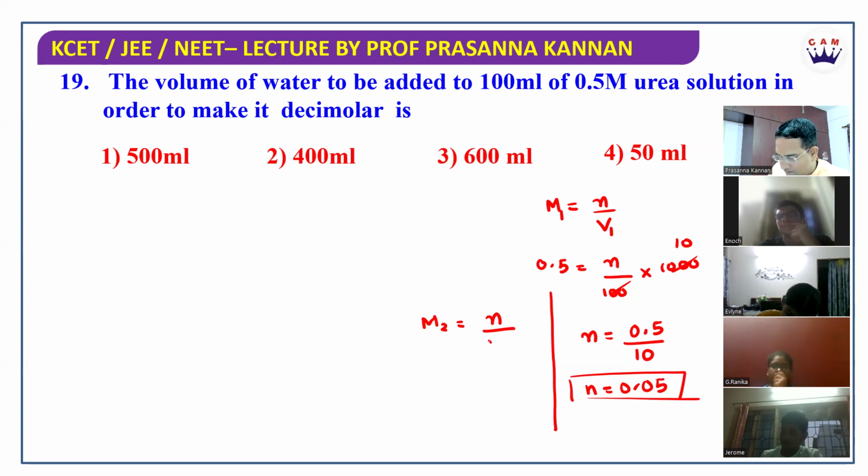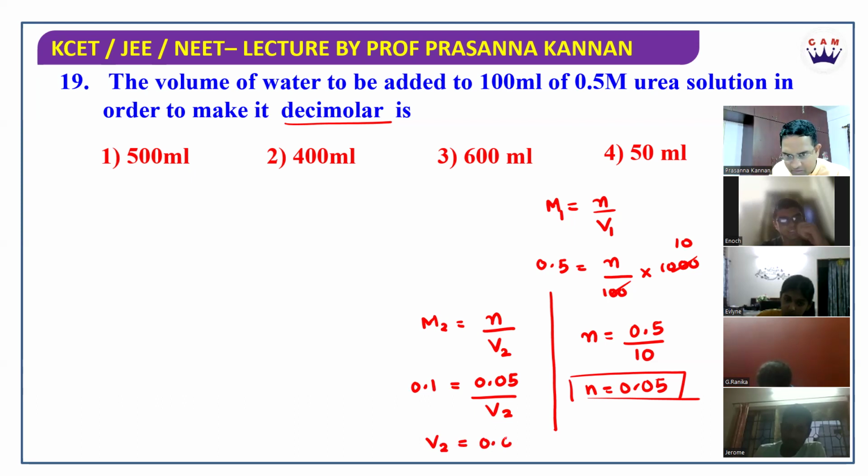That's same, divided by the new volume, correct? So the new molarity that I'm interested in is 0.1. Number of moles is going to remain same, 0.05. The new volume I want will be 0.05 divided by 0.1, which is 0.5 liters. Or in other words, 500 ml. So the new volume will be 500 ml.